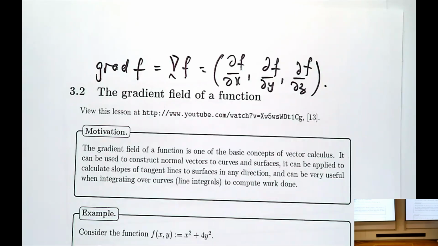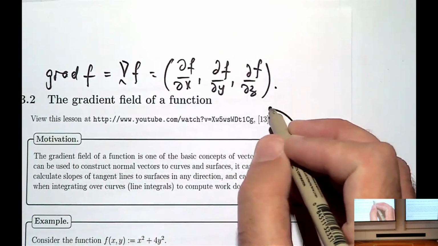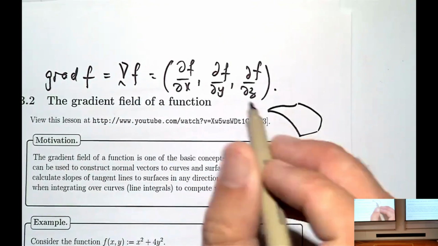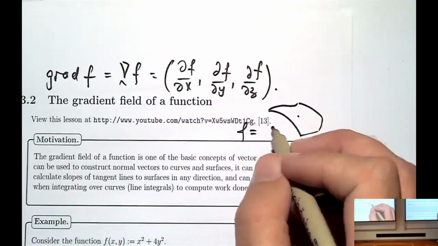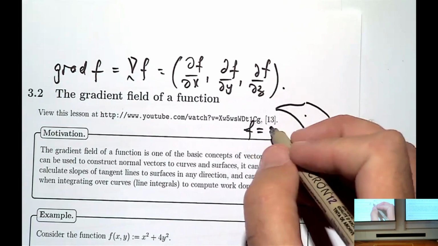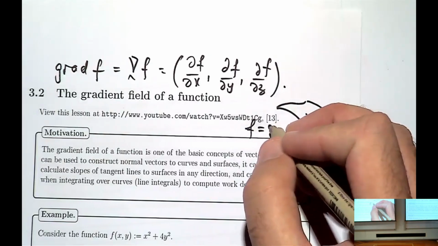We talked about what this means geometrically. So, for example, let's say I've got some sort of surface, f equals a function of x, y, and z, and we set it to a constant.